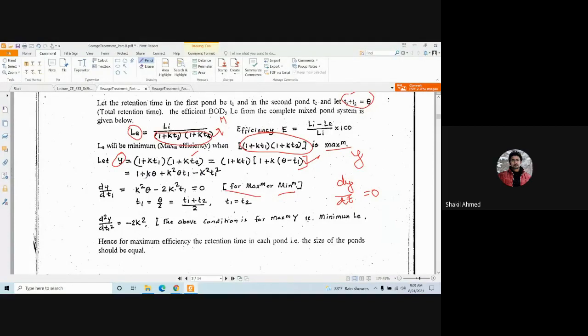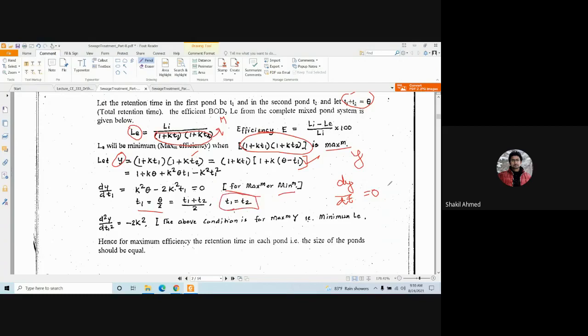Now you write this here. You have just differentiated this and you got this value. And from here, you can write T1 equals theta by 2, or T1 equals T2.